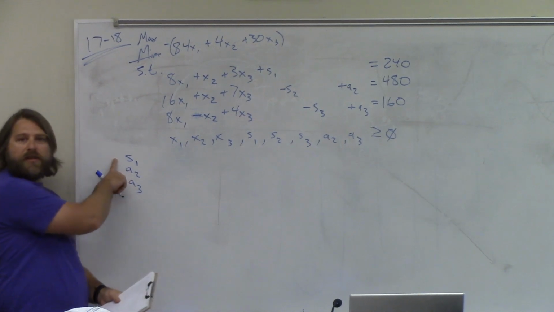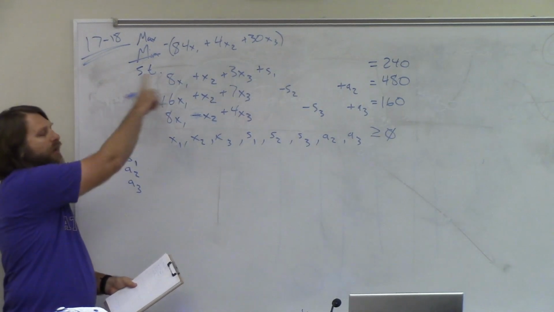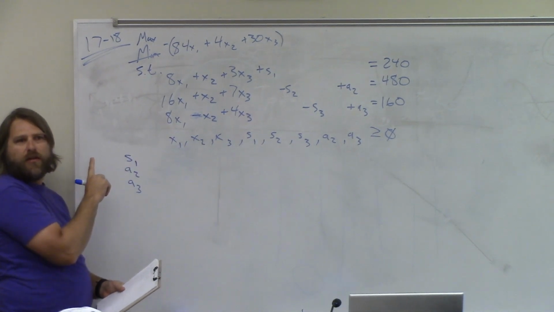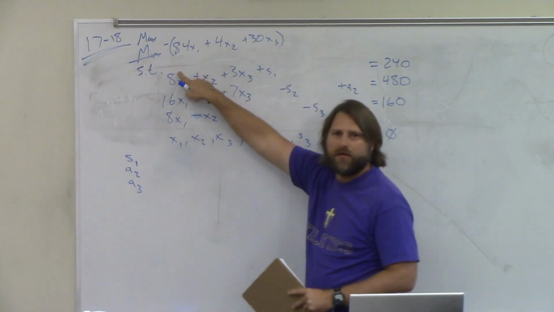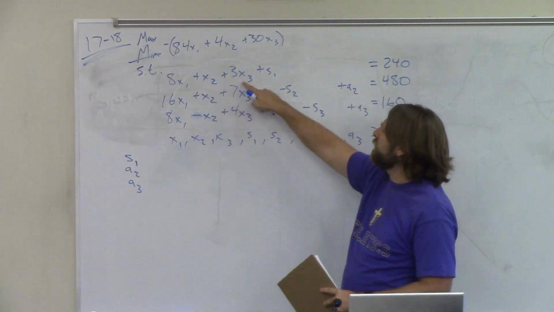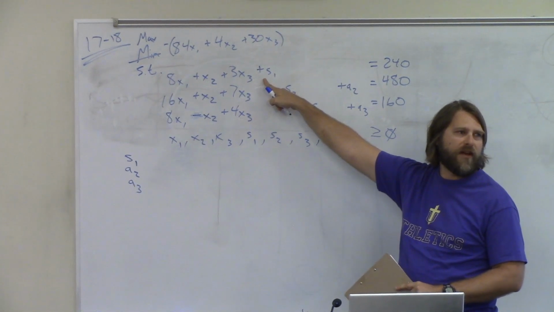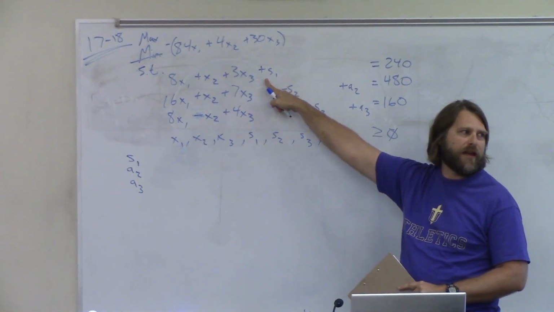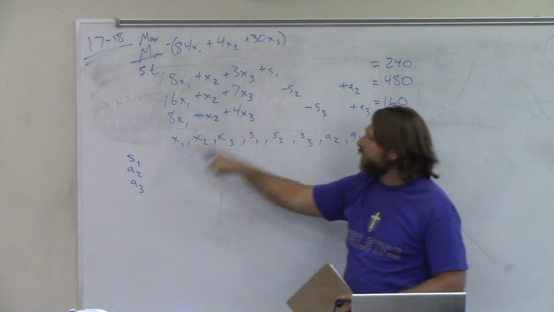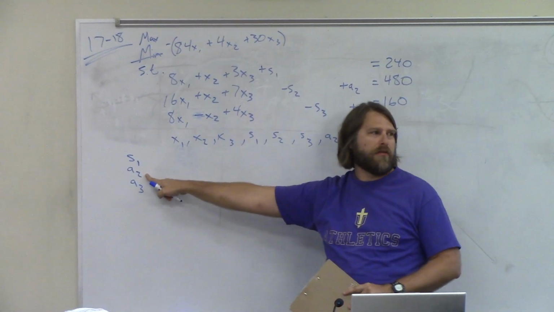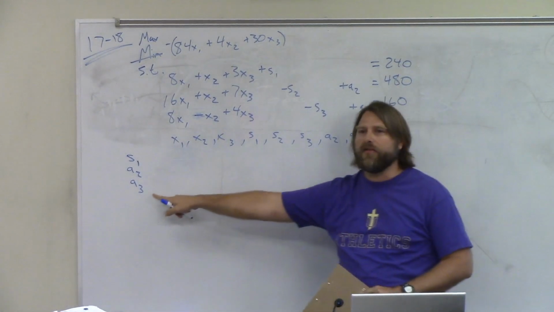No, these values are the non-zero ones. Initially, all the other ones are 0. So if all the other ones are 0, we know that this is 0, this is 0, this is 0. So that means that S1 is the only variable left in our equation. So the value of S1 initially starts out as 240. Okay, what's the initial value of A2? 480. And what's the initial value of A3?